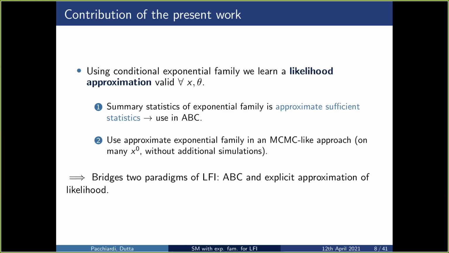This likelihood function is actually a non-parametric likelihood function, but it has summary statistics. So we can use the summary statistics in an ABC setup. And because it gives an approximate likelihood, we can also use it in some sort of MCMC type of approach. We will see that soon.